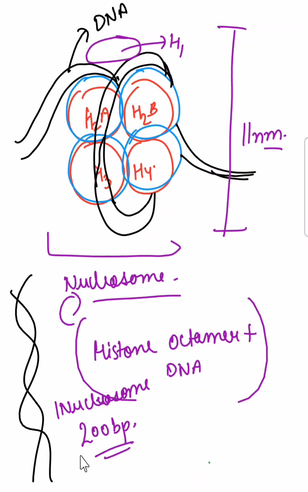Now suppose this is one histone, this is second histone, this is third histone. Now on this DNA wound round in that way. Suppose like this.